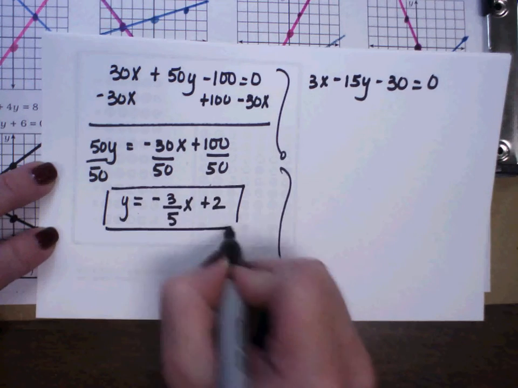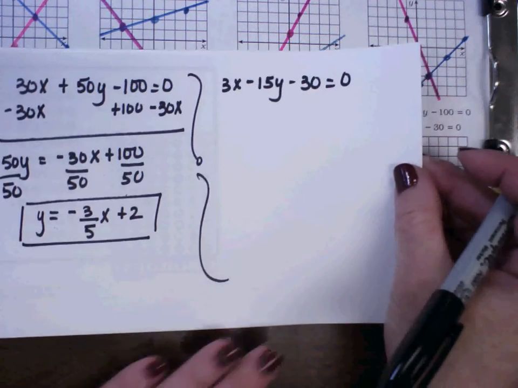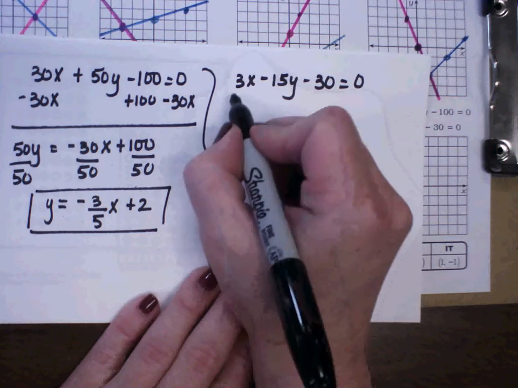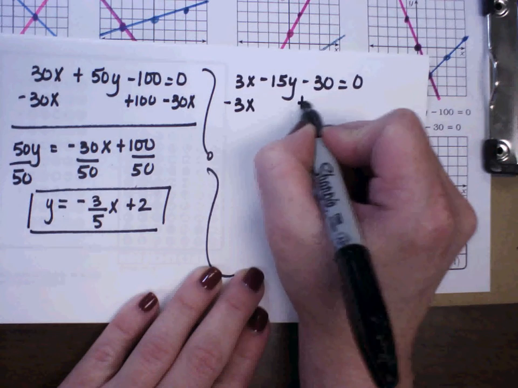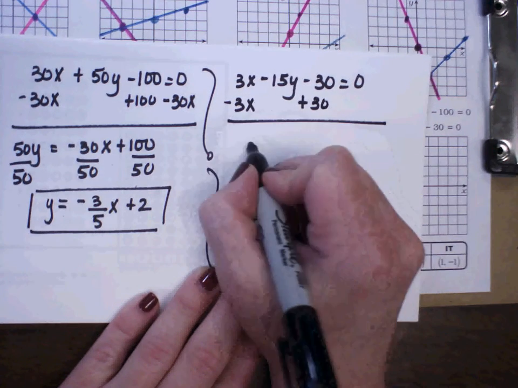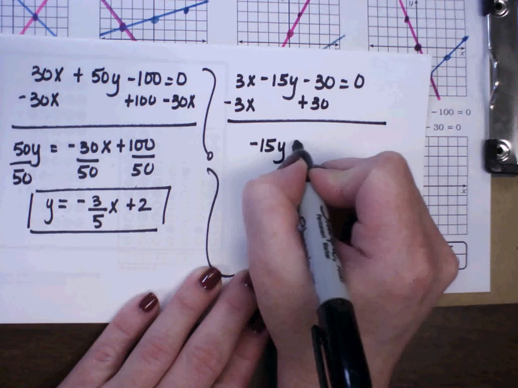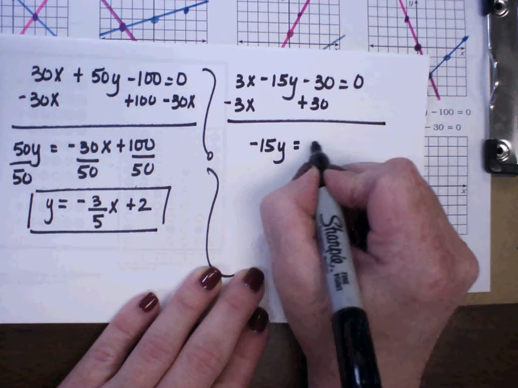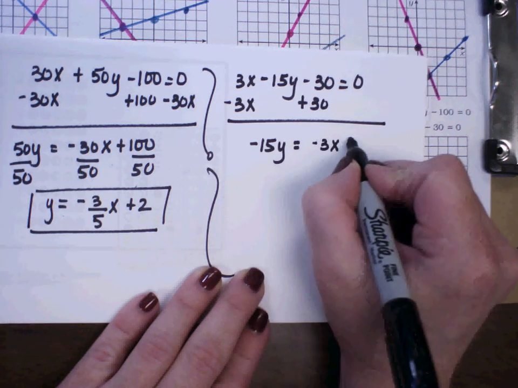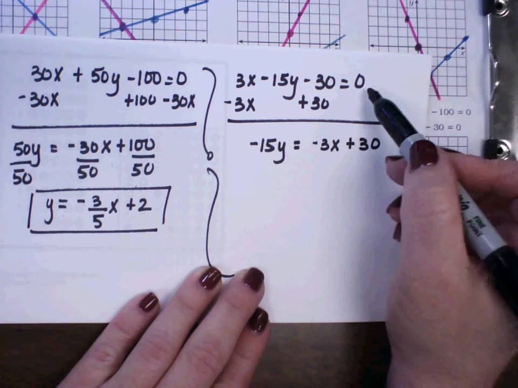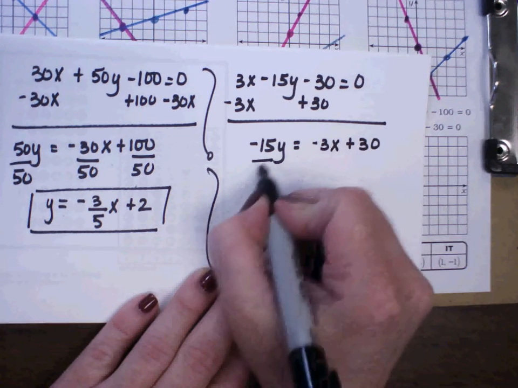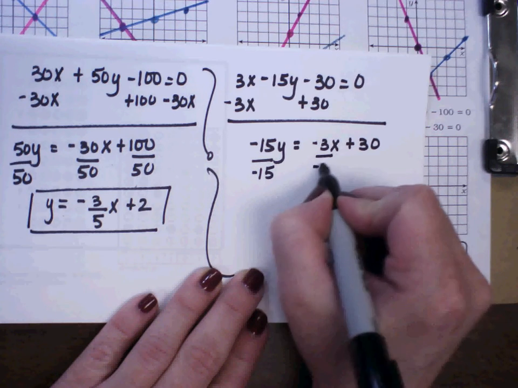All right. What are my steps on this second one? Minus 3x plus 30. I don't have to say plus 0, right? Divided by negative 15.